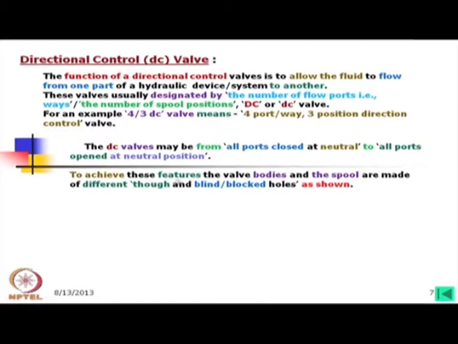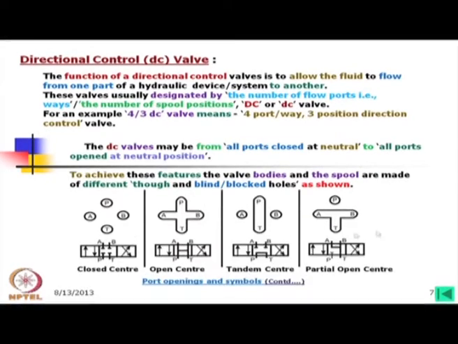To achieve these features, the valve bodies and the spool are made with different through and blind or blocked holes, as shown below. Now, if we look at the leftmost one, we already know this is a 4/3 closed center DC valve.